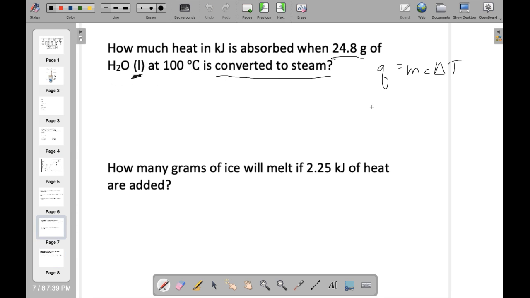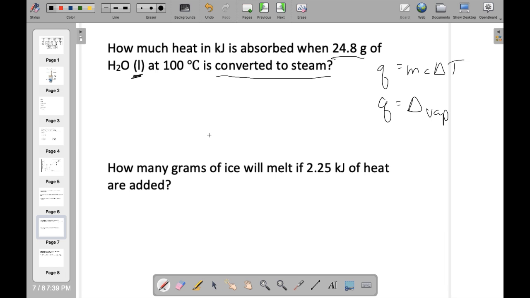If something is changing phase, I need to use a different equation. So if something is changing phase, I just use Q, the heat, equals the enthalpy of whatever I'm doing. Right here, I'm going from liquid to gas. You have to look at the terminology. Steam is gas. I'm going from liquid to gas. So that is called the enthalpy or molar heat of vaporization.